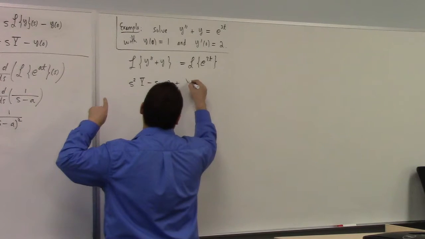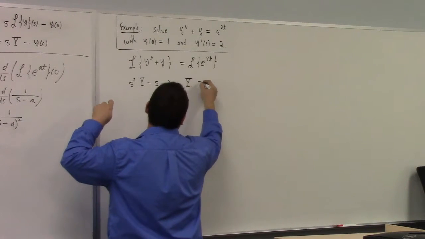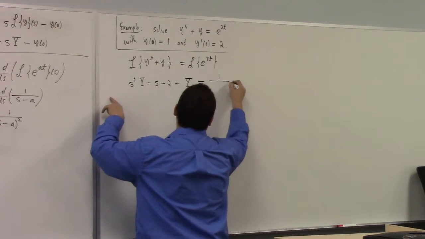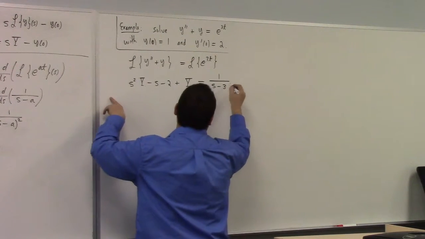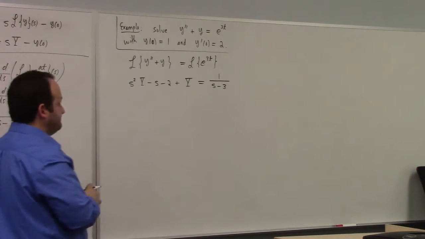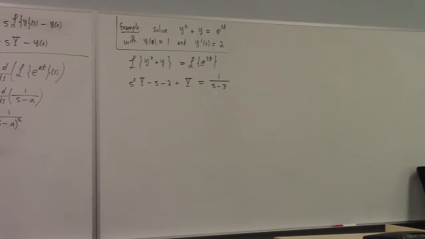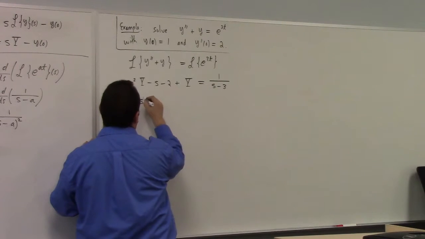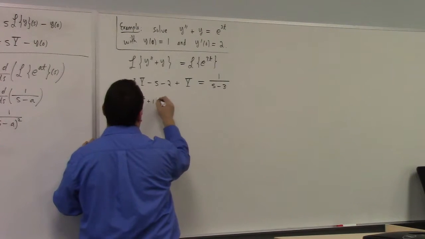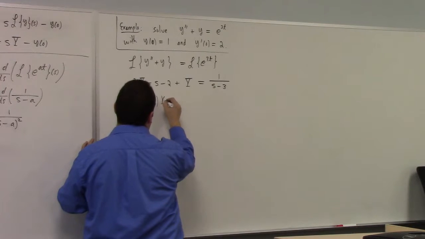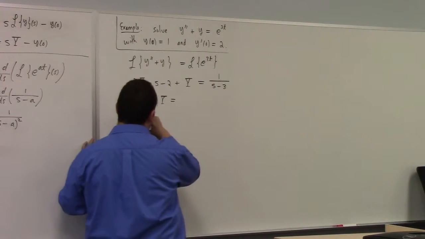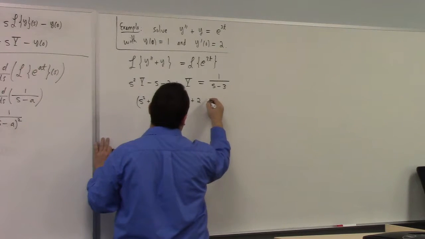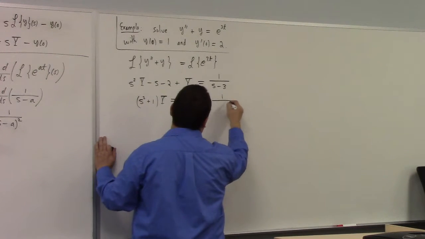And then plus big Y again, is equal to the Laplace transform of e^(3t), which is 1 over s minus 3, am I right? So this gives me (s squared plus 1) times big Y equal to s plus 2 plus 1 over s minus 3.